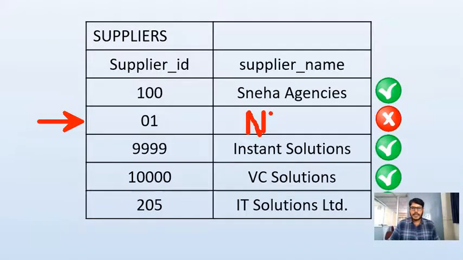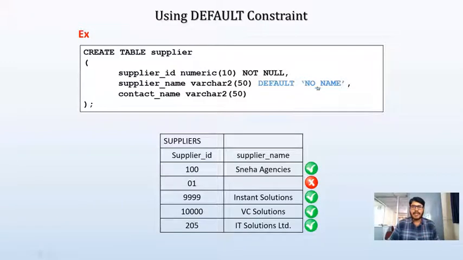So in this case, I'm trying to store a null value. But for supplier name, I have used the default constraint. Whenever a user tries to store null values, instead of storing a null value, it should store the default value which I have assigned while creating the table structure.